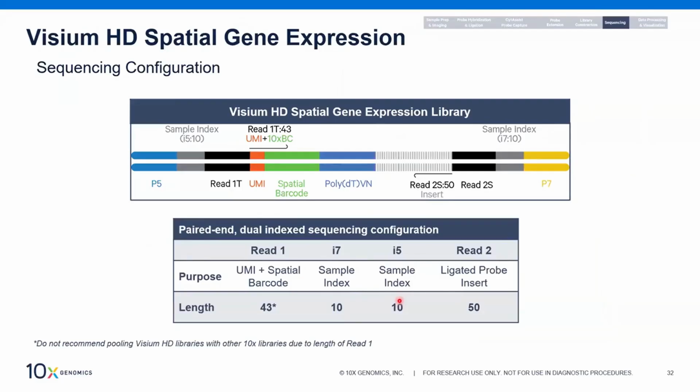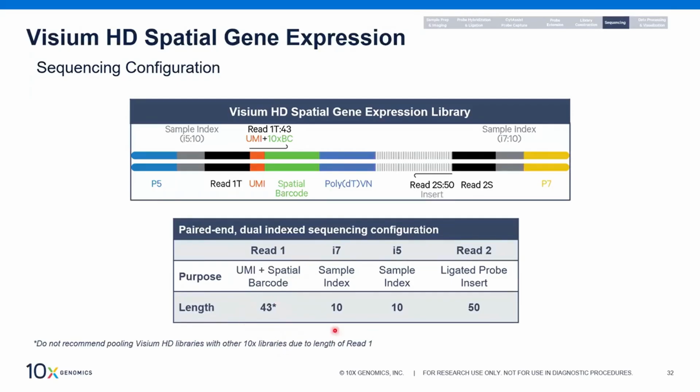When it comes to the sequencing configuration, I told you earlier that the UMI and the spatial barcode together are 43 base pairs. So this has to be put in the length of Read 1. And we do not recommend pooling these Visium libraries with other 10x libraries because the Read 1 will be 28 there and 43 in this.